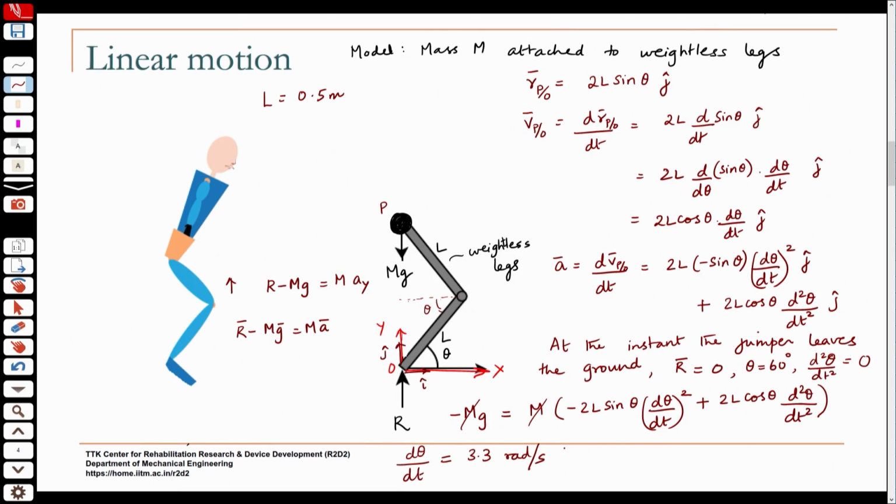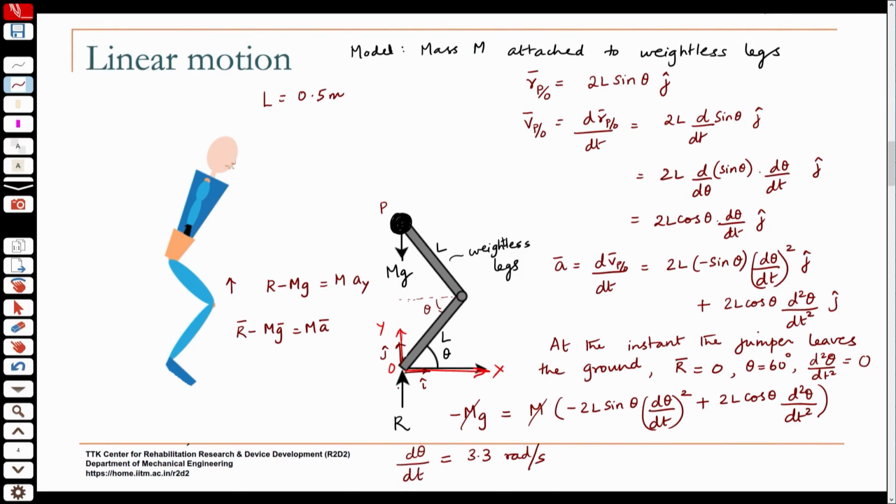If I do it slowly, you can try that, right. If I just extend my legs slowly, I am not going to get off the ground. I have to extend it with a certain d theta by dt in order to lift off the ground, in order to generate the reaction force that will lift me off the ground.